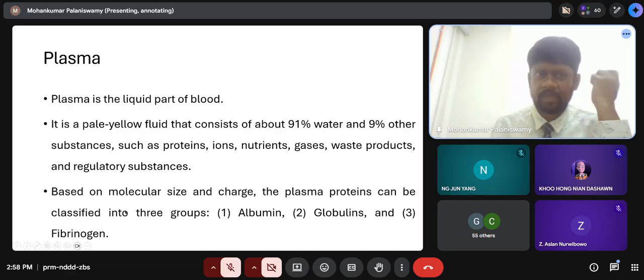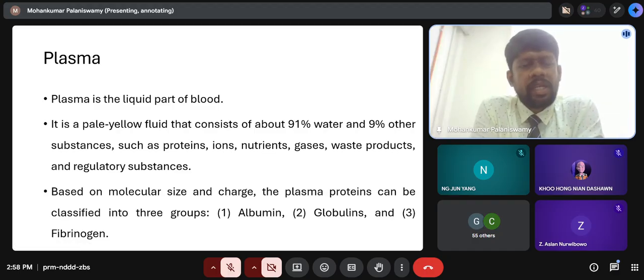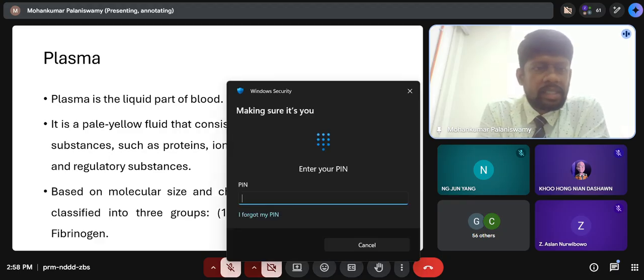Next is plasma. Plasma is the liquid part of the blood. It is pale yellow in color. It consists of about 91% of water and 9% of other substances like proteins, ions, nutrients, gases, all these things.